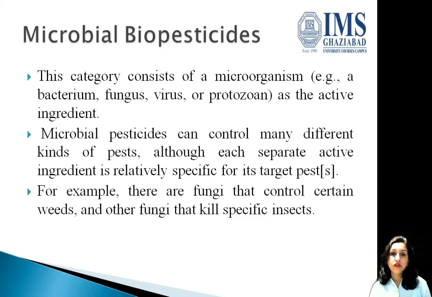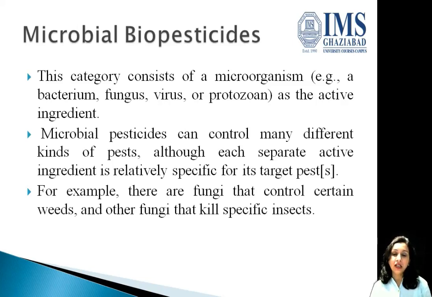So first of all, we should know what microbial biopesticides are. This category consists of microorganisms, which could be bacteria, fungus, virus, or protozoa, as the active ingredient. Microbial pesticides can control many different kinds of pests, although each active ingredient is relatively specific for its target pest.